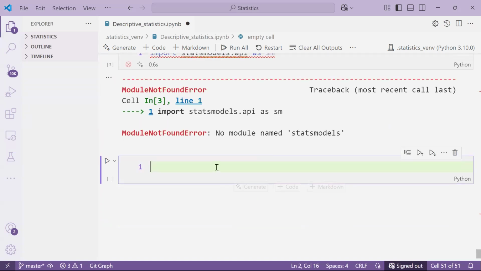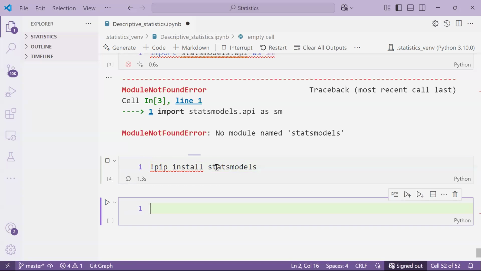If this library is not there, we can install it with pip install statsmodels. If you provide that, it automatically starts installing in your workspace. This statsmodels library can help you with regression analysis, especially simple linear regression or multiple linear regression. It can help a lot.